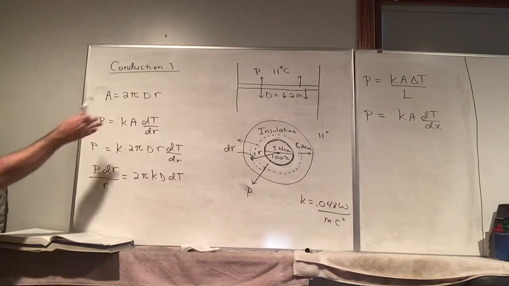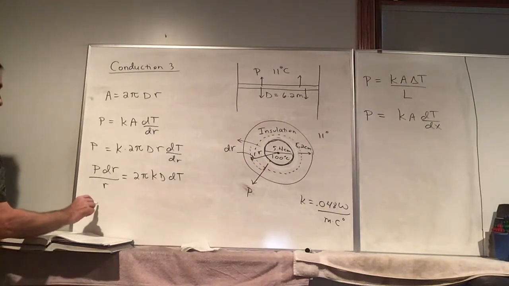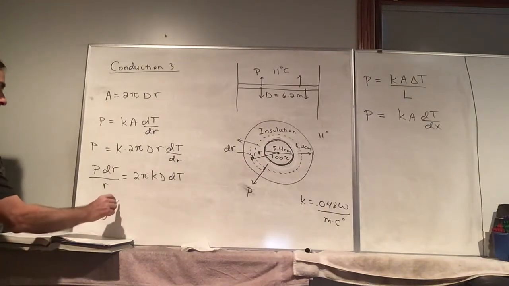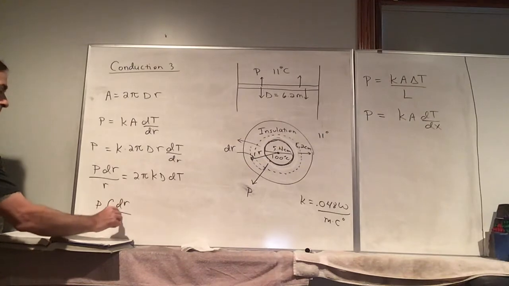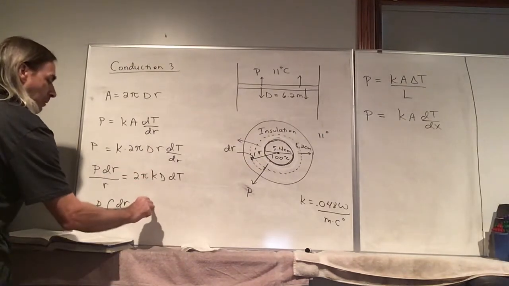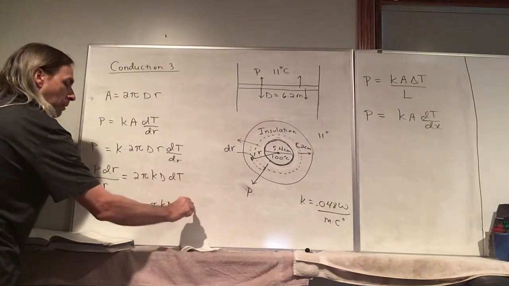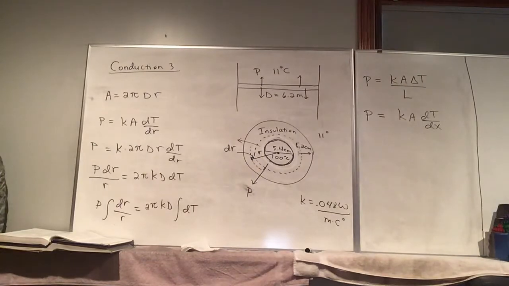Now, the rate that power flows through should be constant, so we can take that out of the integral, and K and D, and obviously 2 pi. If we integrate both sides, this is what we get.